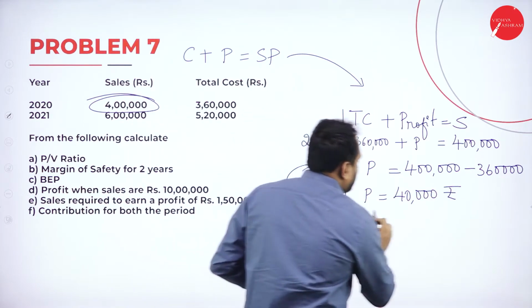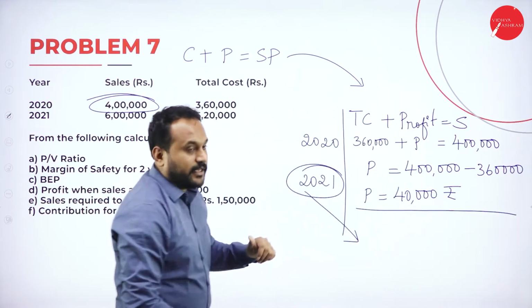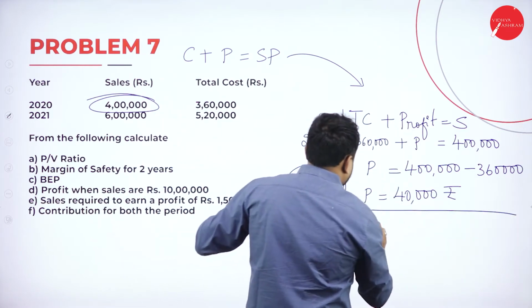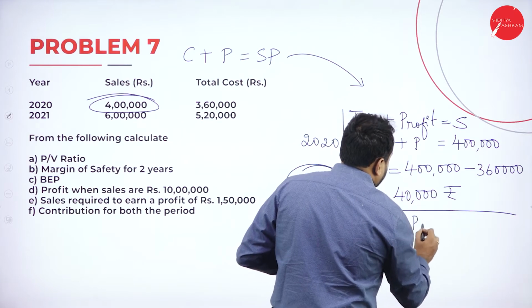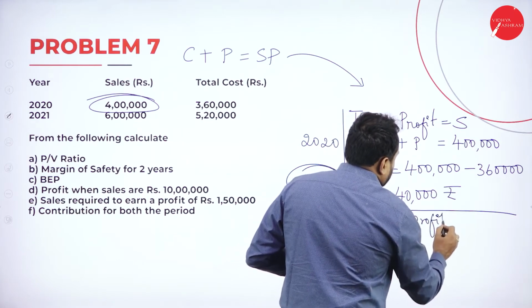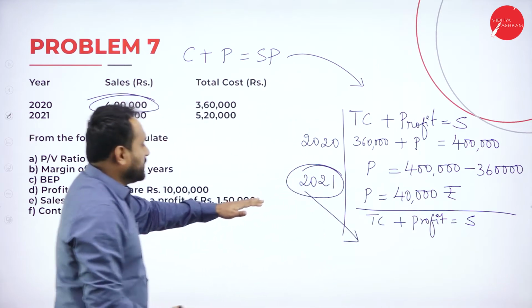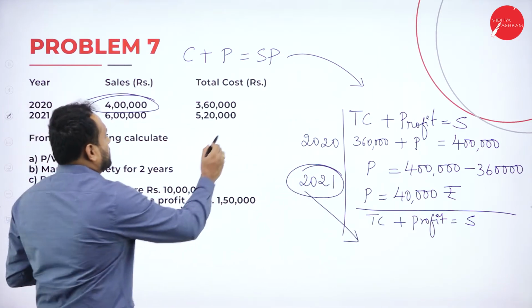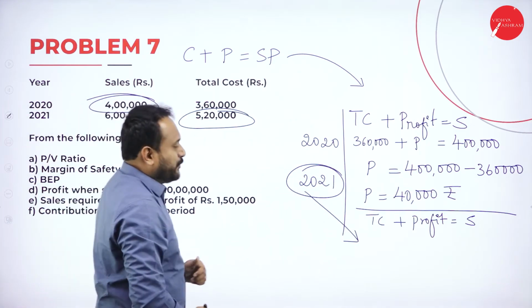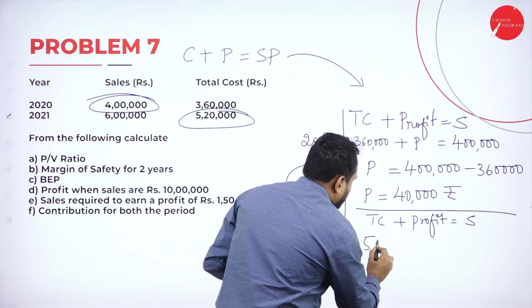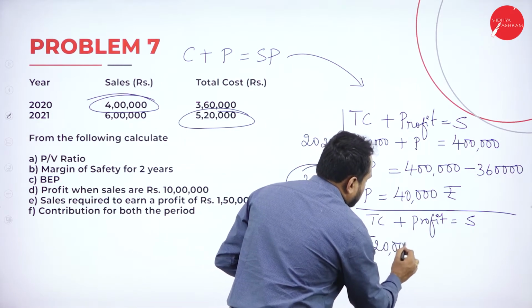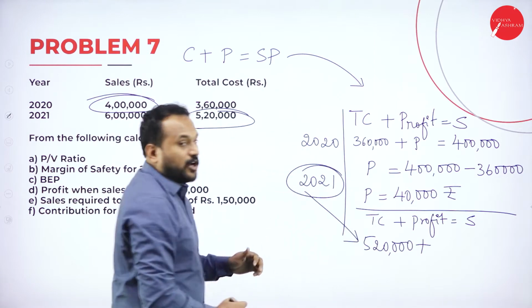Now the same way you are supposed to calculate for 2021. Same way, total cost plus profit is equal to your sales. Now 2021, what is my total cost? My total cost for 2021 is 5,20,000. So I'll write here 5,20,000 plus profit, which I don't know.